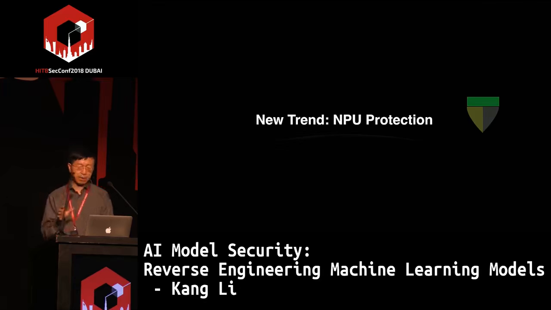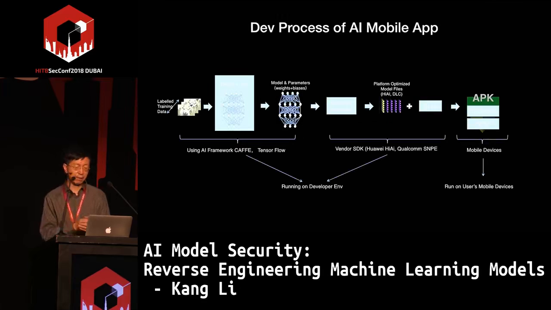But now let's talk about some of the new protection being added. I mentioned there's a new process brought up by hardware vendors, including Qualcomm and Huawei, when they bring their SDK. I'm not going to name the vendor, but one of them also brings a protection mechanism I'm going to mention next.